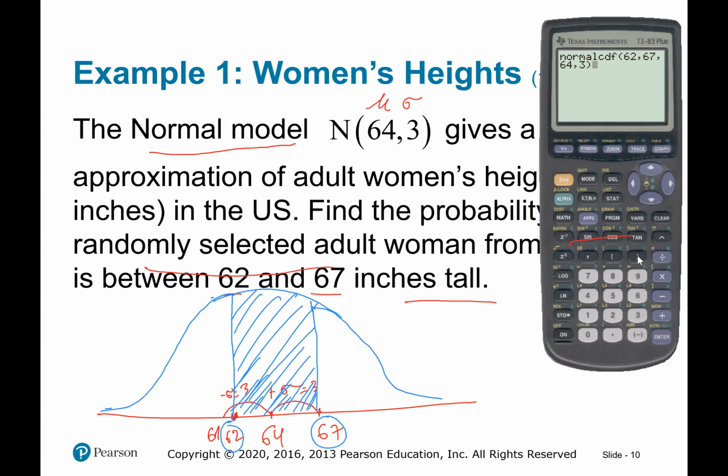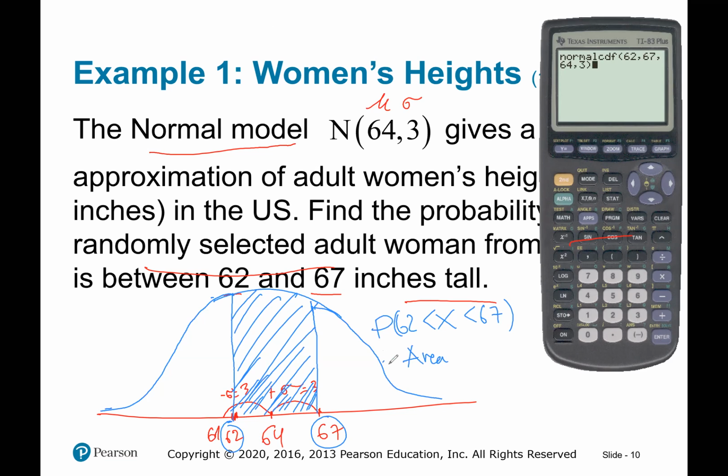So this is in order to find the area or the probability. The probability that the height is between 62 and 67. I don't need the equal sign, but you can use it. It doesn't change anything.